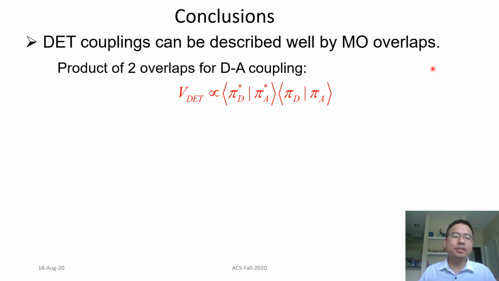As a conclusion, we find that the coupling of Dexter energy transfer usually can be described quite well by the corresponding molecular orbital overlaps between the donor and acceptor. Like for DA transfer, we only need 2 orbital overlap terms, the HOMO-HOMO and the LUMO-LUMO overlap, to describe or reproduce the coupling of Dexter energy transfer with a constant factor.